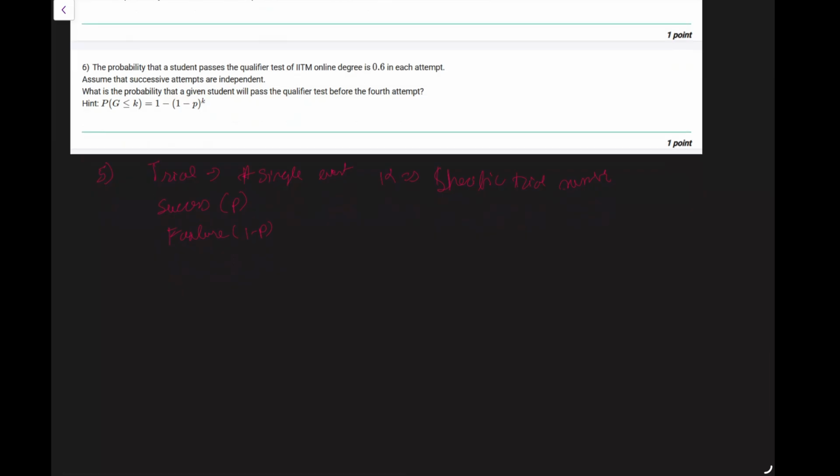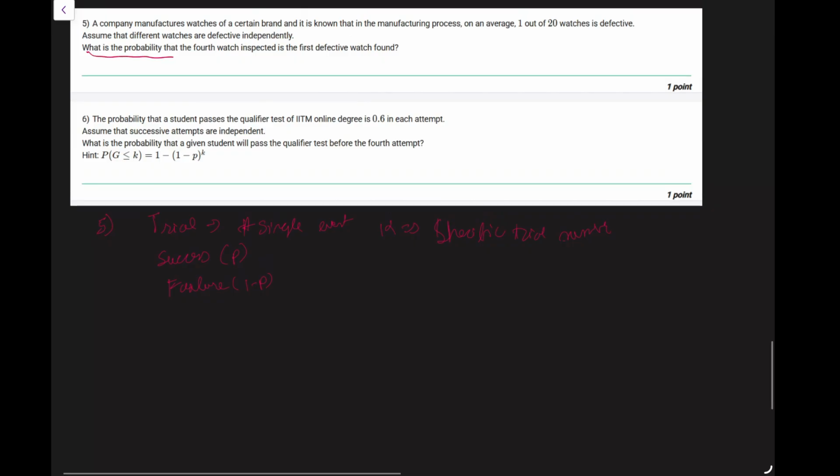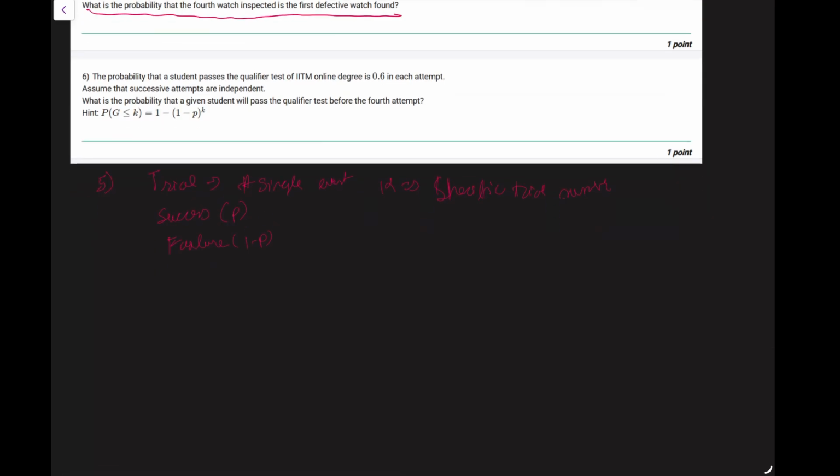Okay. So our question here is, what is the probability that the fourth watch inspected is the first defective watch? So how many trials are there? Trial is just one trial. Okay. So inspecting one watch at a time.